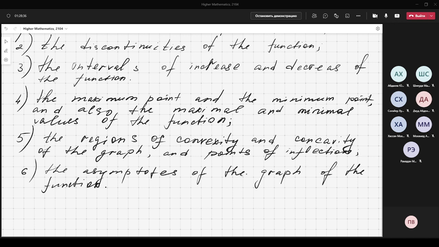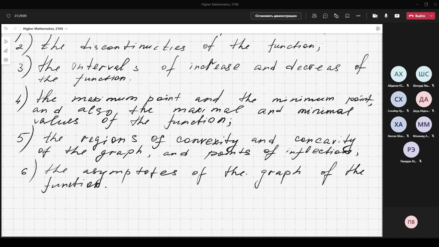If the function under investigation y is f of x is even, that is, such that upon change of sign of the argument the value of the function does not change, then it is sufficient to investigate the function and construct its graph for positive values of the argument that lie within the domain of definition of the function.